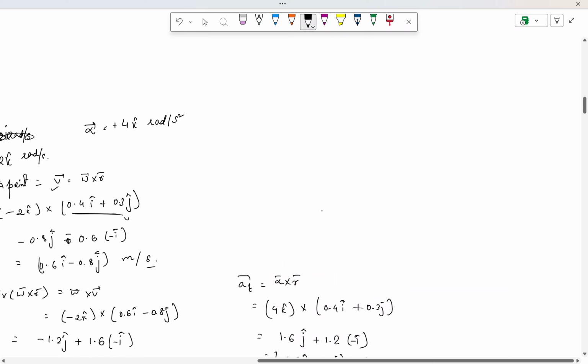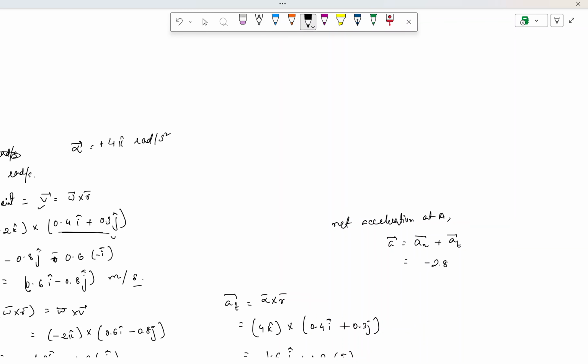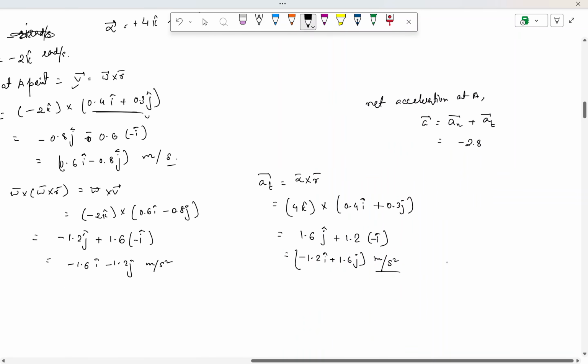So the net acceleration finally will be A vector equal to A n vector plus A t vector, which is minus, so this plus this.